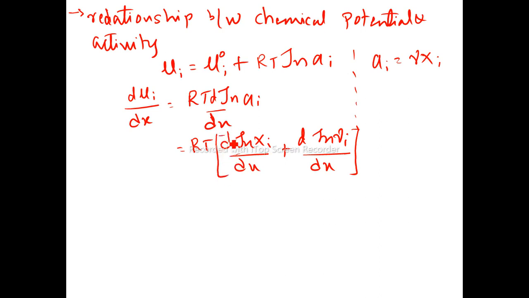So this is the thing, right? Here this is a coefficient constant, hence the differentiation of a constant leads to 0, correct? Then by differentiating this one, we will obtain 1 over x_i times dx_i by dx.